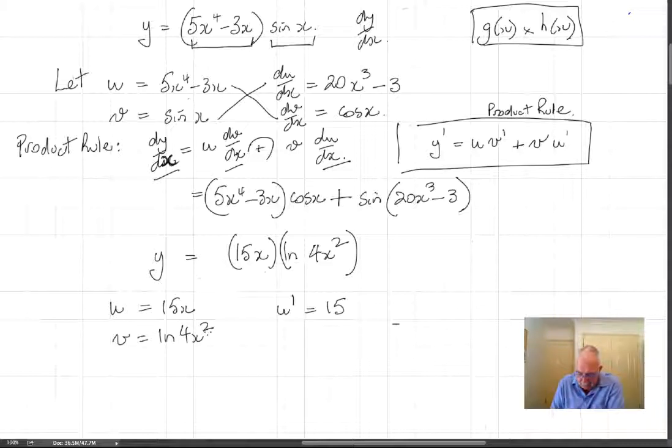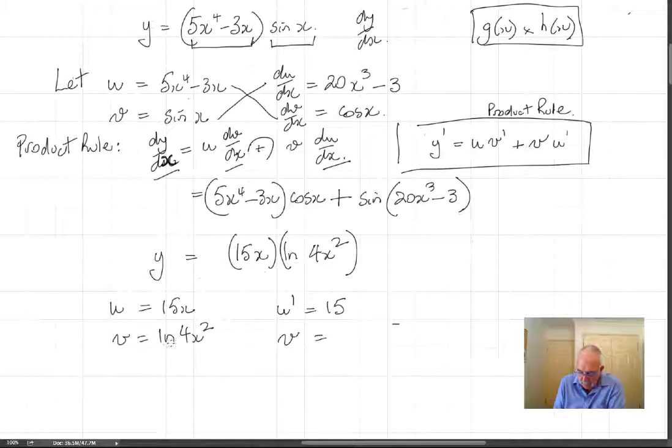Now be very careful here. For v dash, we have a chain rule situation here because this 4x squared is a function in itself, and then we're finding the log, which is the second function. So we're going to have to apply the chain rule here.